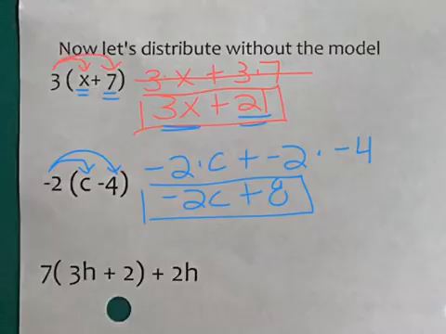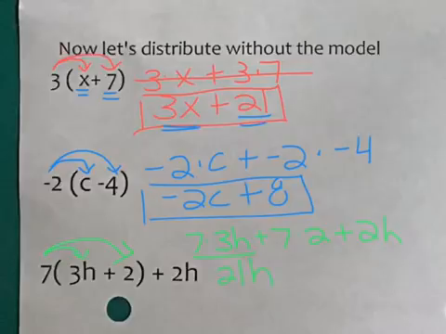Looking at the last problem. Before we can combine like terms, we have to first distribute the 7, which means multiplying 7 by both terms. So 7 times 3h plus 7 times 2 plus 2h. Well, 7 times 3h is 21h.